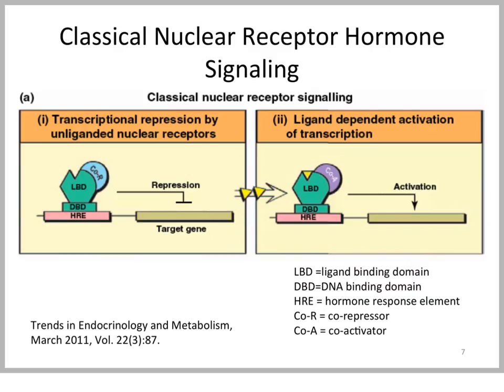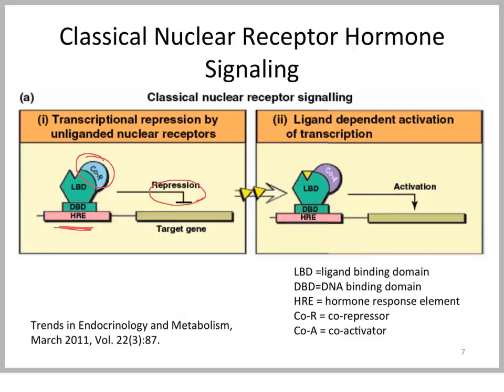Here I want to basically show some basic concepts of nuclear receptor signaling, and on the left we show how a binding of the ligand in the ligand binding domain, that's what LBD is, the DNA binding domain, and then the hormone response element of a nuclear receptor mediated hormone. One effect can be to attract a co-repressor to that complex, and it leads to repression or reduction of expression of a target gene.